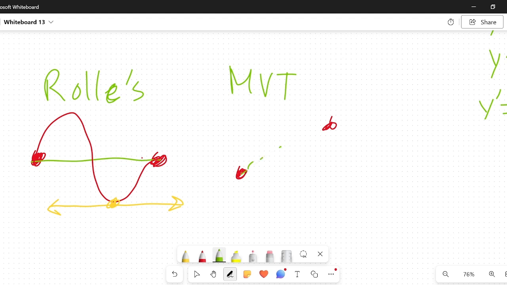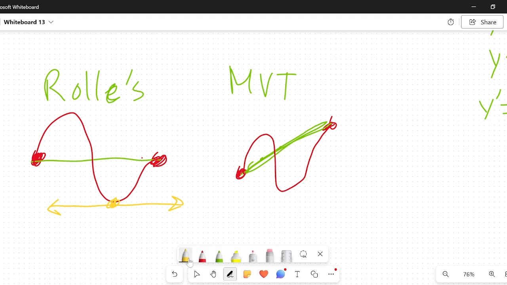If we draw a function out between them, there is some point where we draw a tangent line, and it will be parallel to this average slope.